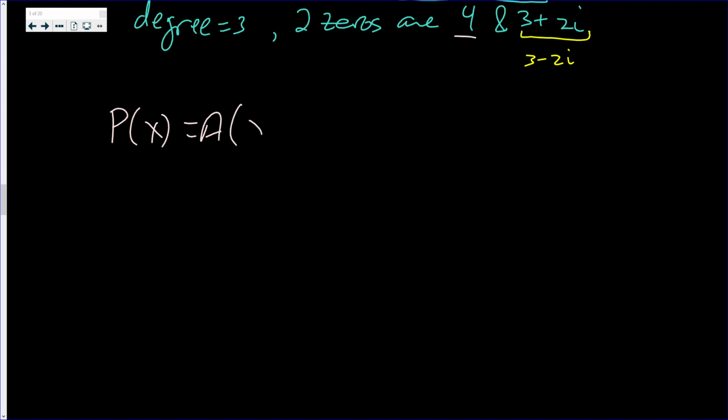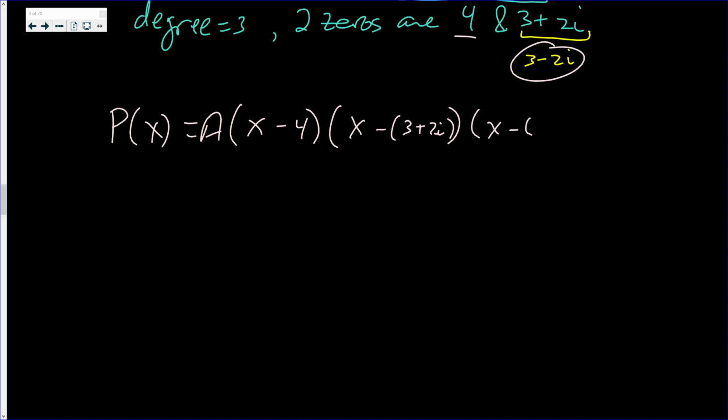One root is 4, so it's going to be x minus 4. Another root is 3 plus 2i, so it's going to be x minus (3 plus 2i). And another root is 3 minus 2i, so it's going to be x minus (3 minus 2i).